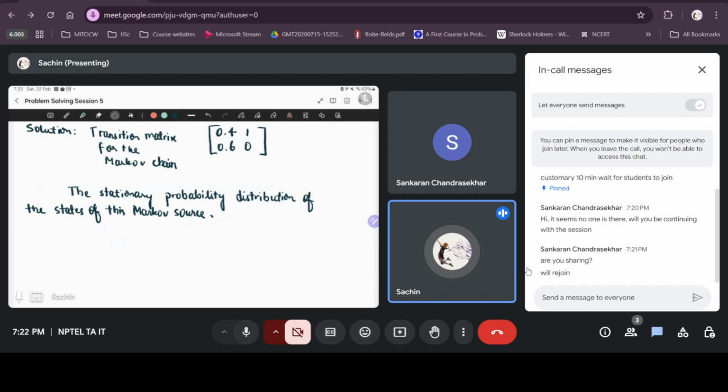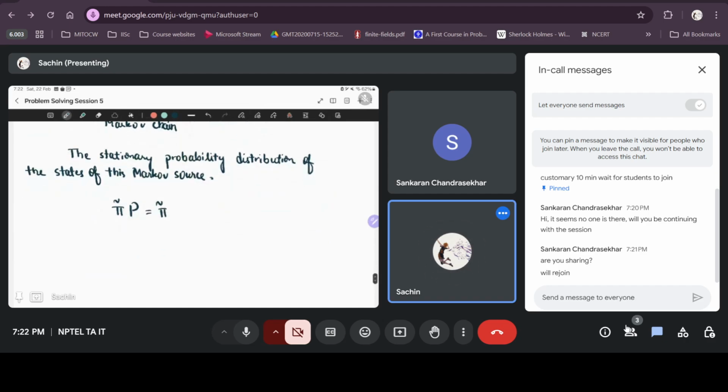From the transition matrix, we find the stationary distribution by solving pi tilde times P is pi tilde.